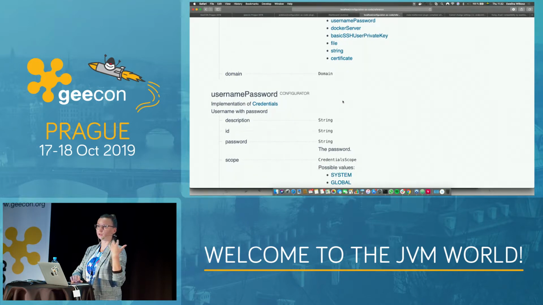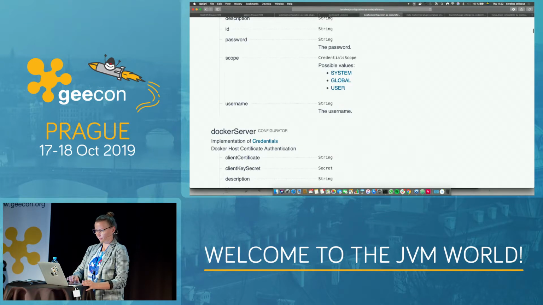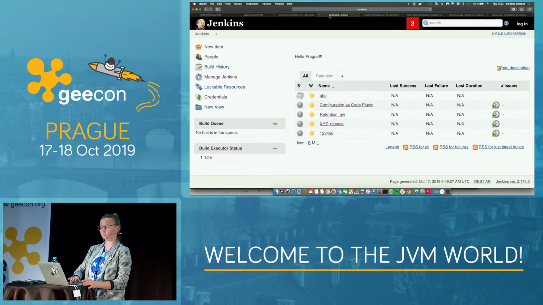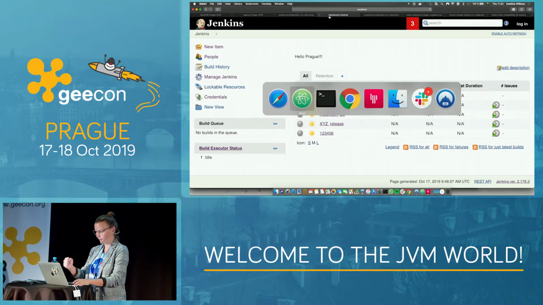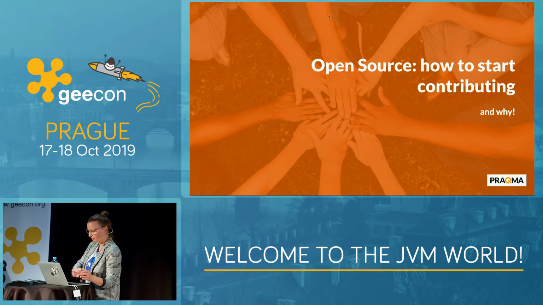So if JCasC is new to you, you can always rely on that to find the information, what you can configure, what are the attributes, what are the types, etc. So it's that simple. It worked, yes. And that's it about the demo.